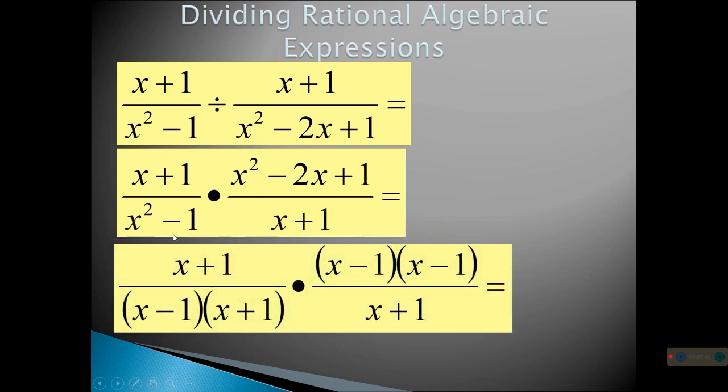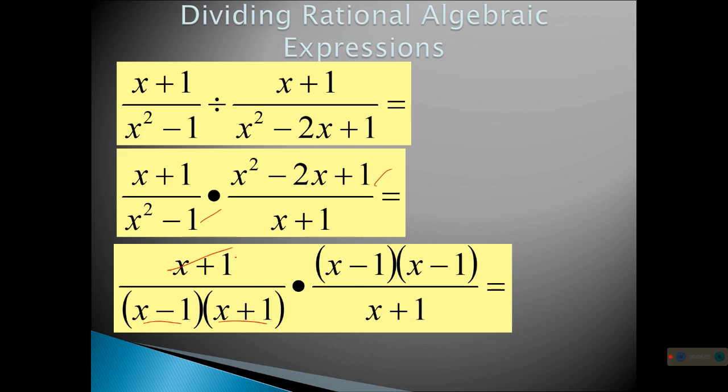So we copy x plus 1. And then the factors of x squared minus 1 are (x minus 1) times (x plus 1). Then the factors of the numerator here are (x minus 1) times (x minus 1). Then just copy the denominator since it is not factorable.